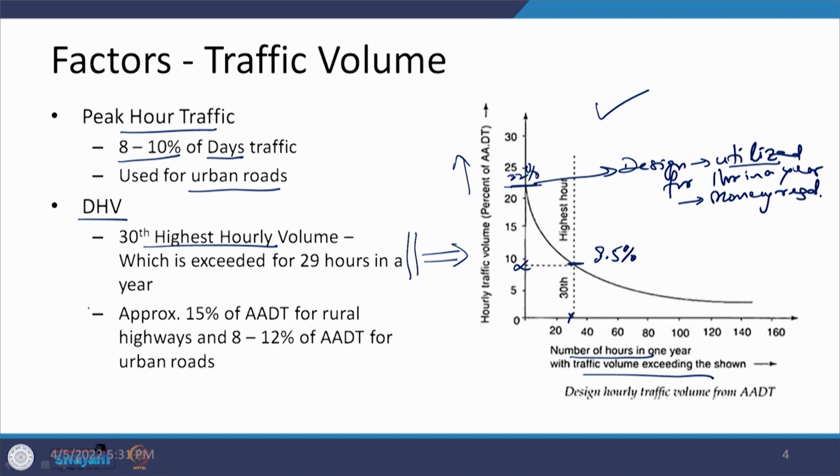That is what is defined here. In the case of rural highways, it can be considered as 15% of AADT, and in the case of urban roads, it can be considered as 8 to 12% of AADT. So, this is how the DHV can be found out.